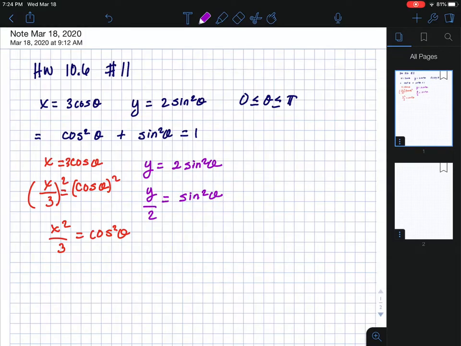So then when you put the two together, you end up with x squared over 3 plus y over 2 equals 1. The problem with that is that this is not squared. So we're not going to end up with an ellipse there.